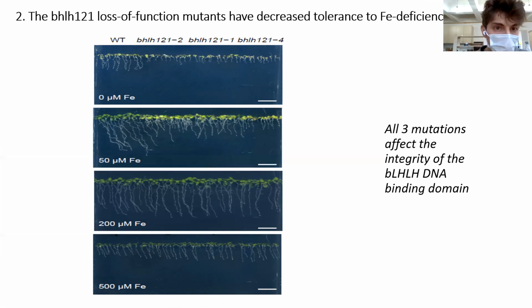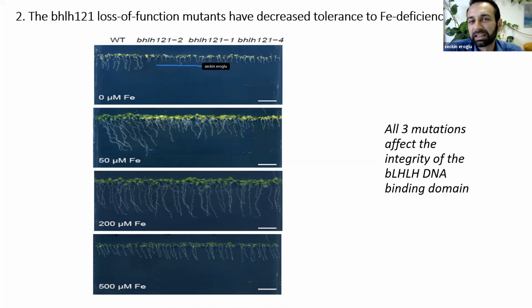So that means the mutants should have grown better? Because they cannot carry out a better iron uptake. So let's see. The mutants cannot take up iron as efficiently as the wild type.